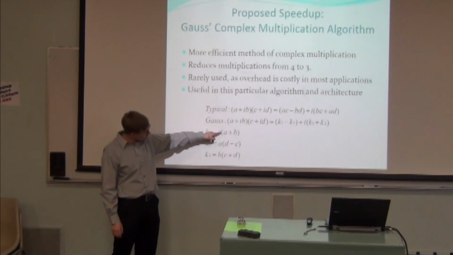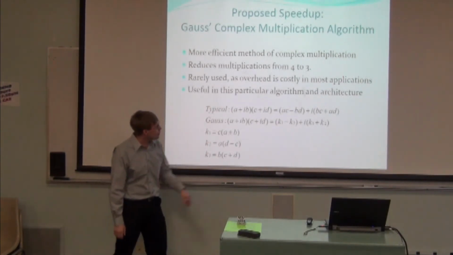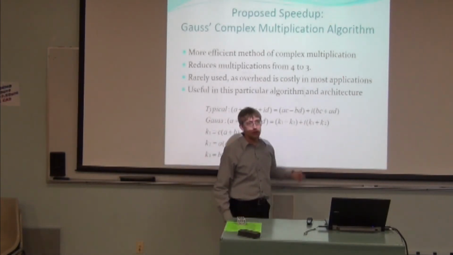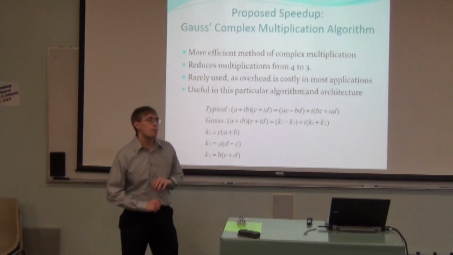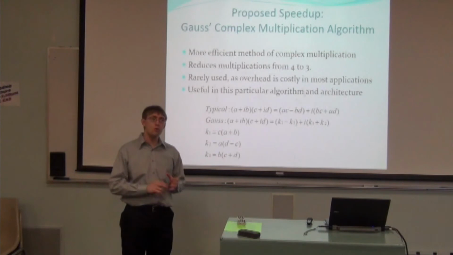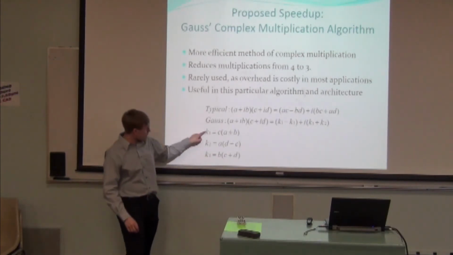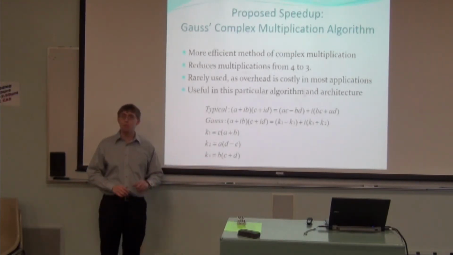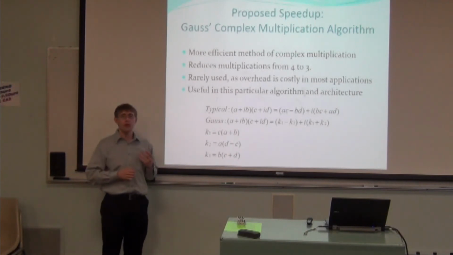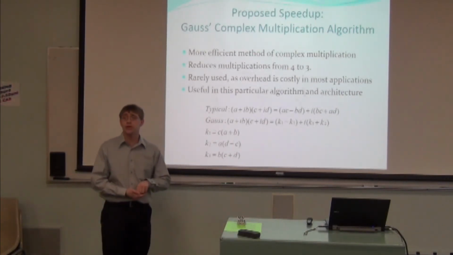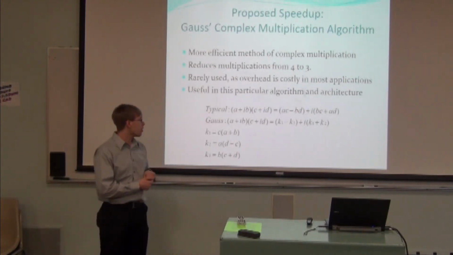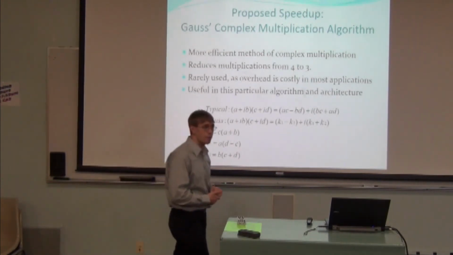Each one requires only a single multiplication, and then we add or subtract them to get our solution. It will use more bandwidth because we have to pass more data through the program. We have to worry a little bit more about our memory management. But on the other hand, we're actually doing fewer calculations. So in theory, this should speed up the algorithm.